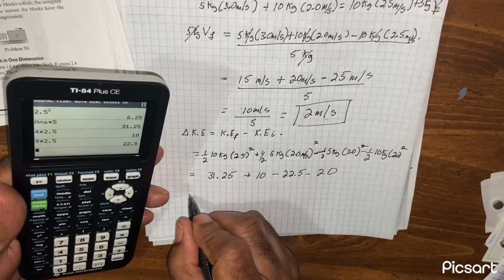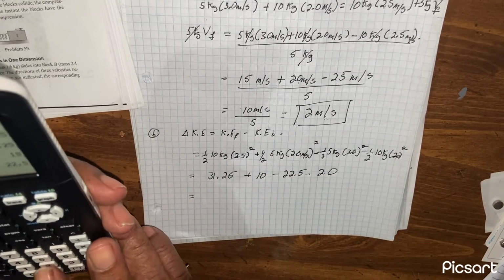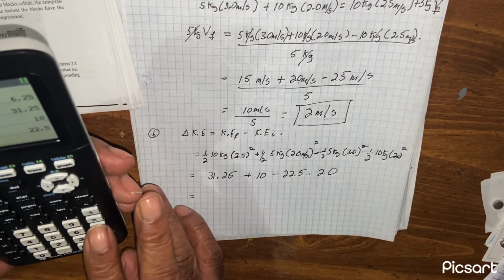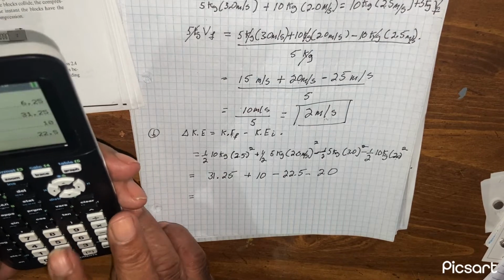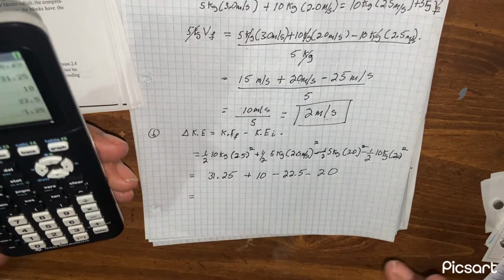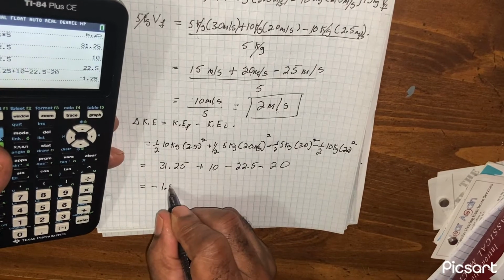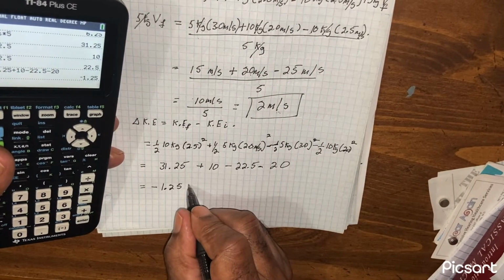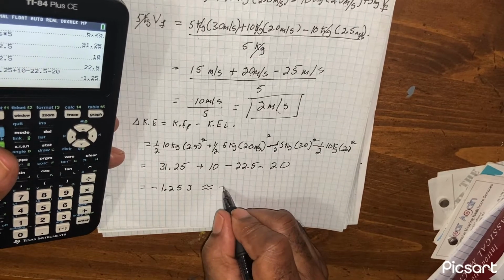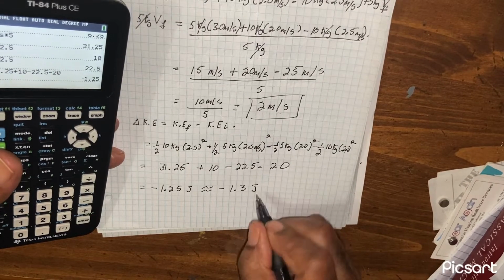Okay, let's just calculate this out real quick. Which is a negative 1.25 joules, which is approximately equal to a negative 1.3 joules.